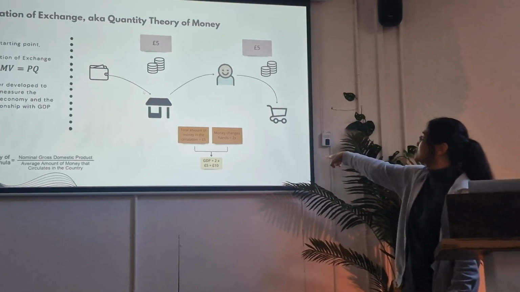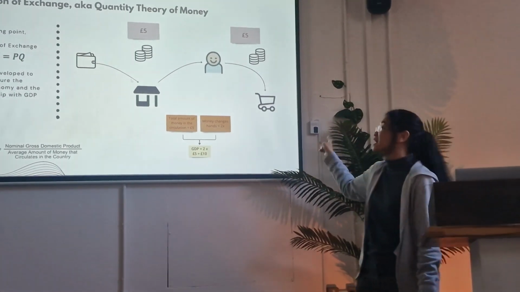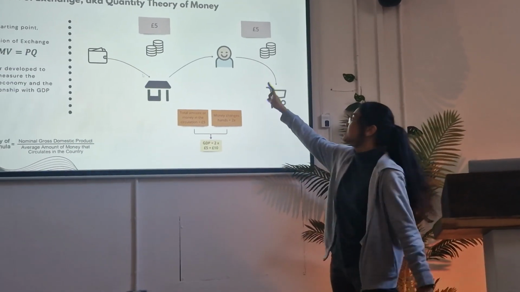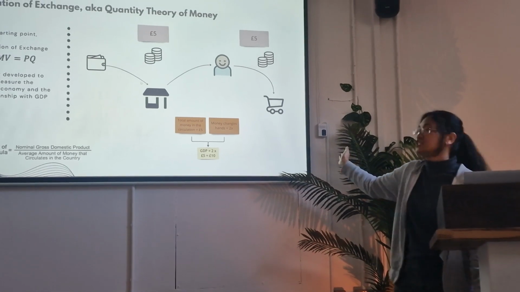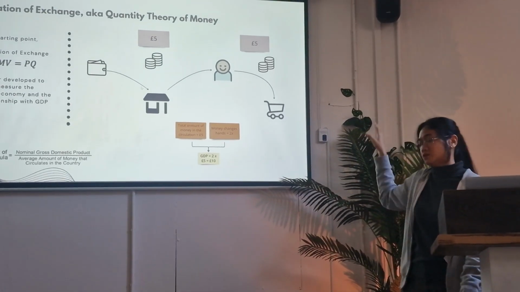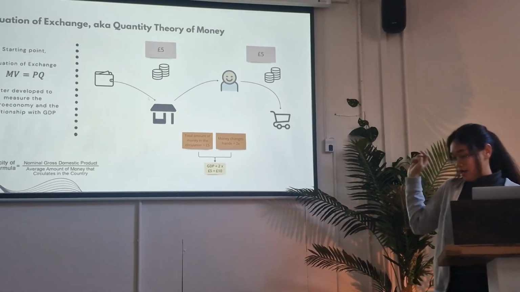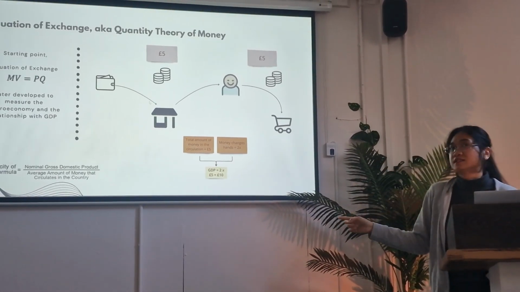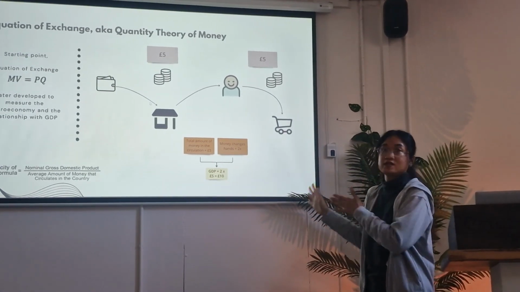That's why the total amount of money in circulation is only 5 pounds, but the money changes hands 2 times, the first time at the store and the second time, say at the Amazon checkout. So the GDP, the overall economy, is 10 pounds. This is what happens when we value the tokens as well. Tokens can change hands, especially when it's not an NFT.